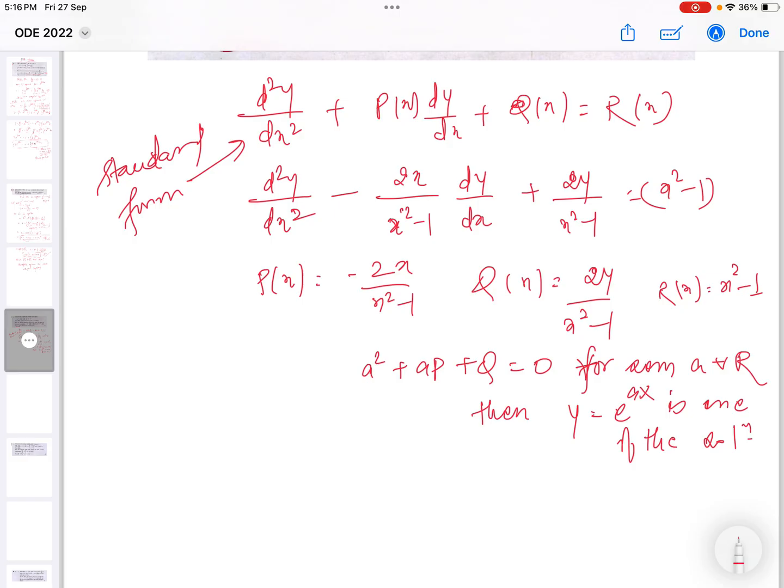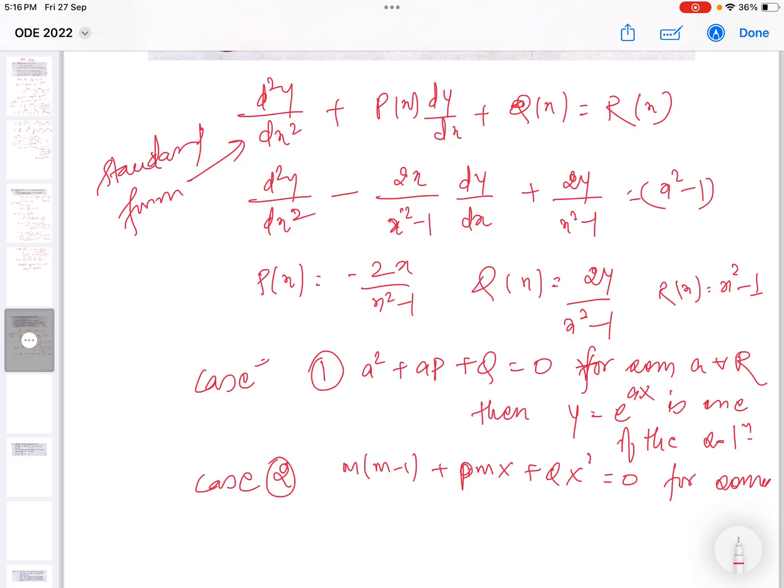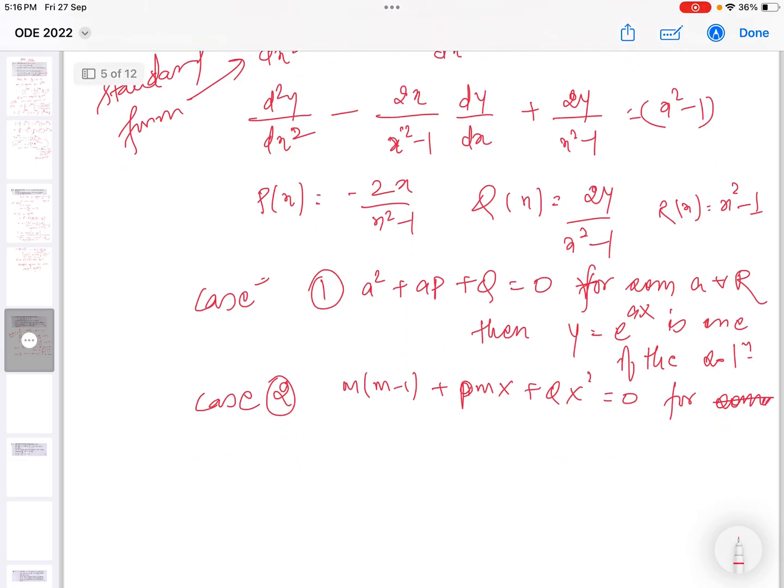Similarly, if m into m minus 1 plus pmx plus qx square is 0 for some m, then y is equal to x to the power m is one of the solutions.